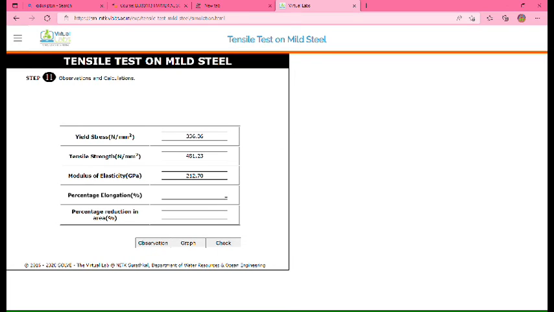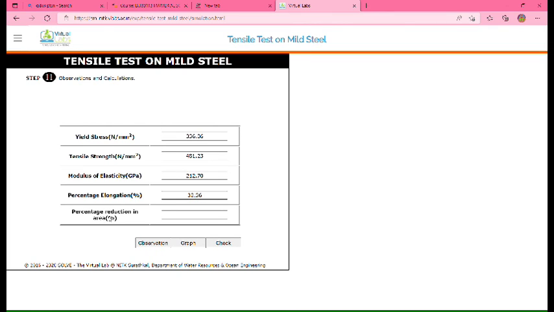And for percentage elongation, we use final length minus punch marks times 2 over punch marks times 2 times 100, and we got 38.36 percentage.